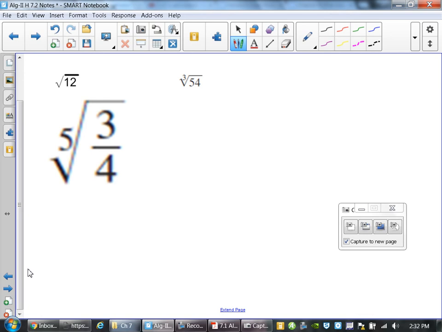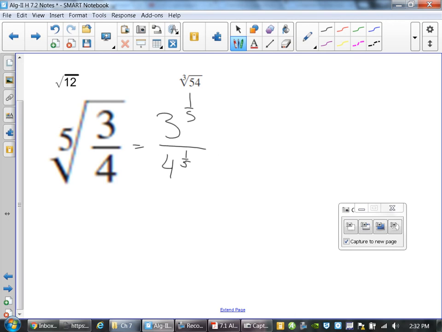Right? Do I split it up into nth roots, or could I go right to fraction? You guys be okay? Go right to fraction, just so you can see it. So it's 3 to the 1/5 over 4 to the 1/5.